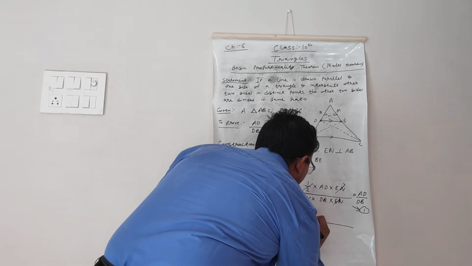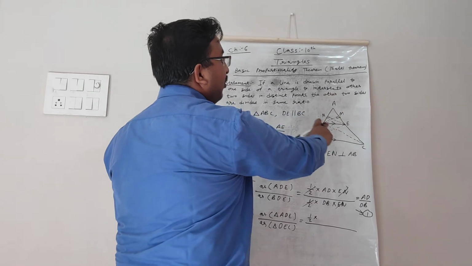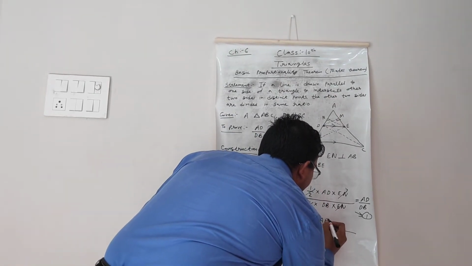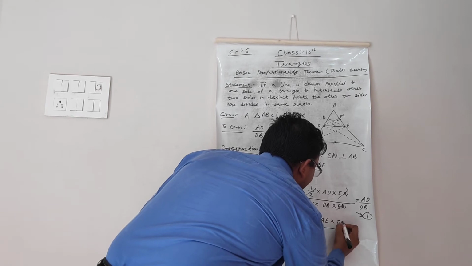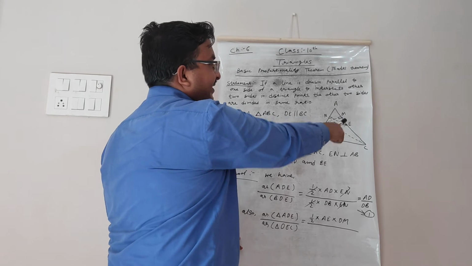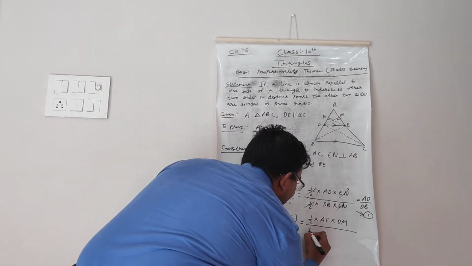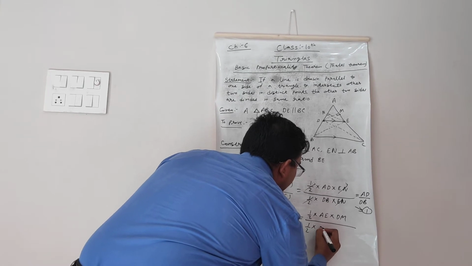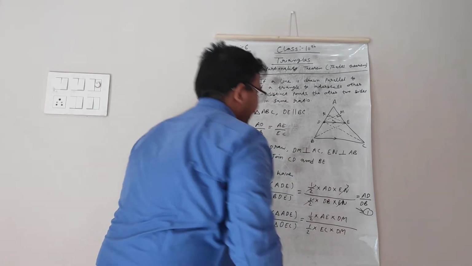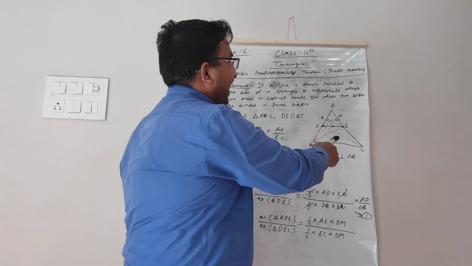So 1 upon 2 into AD, we have to take now from this side, so AE into DM. I am taking AD's area now from this side because we are taking triangle DEC. And for triangle DEC, 1 upon 2 into EC into DM.